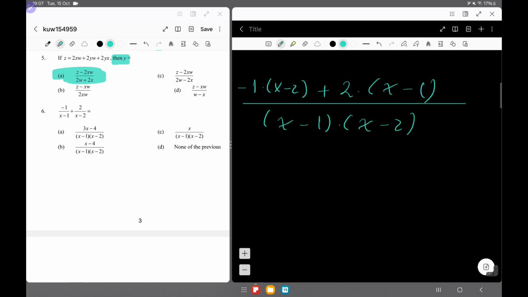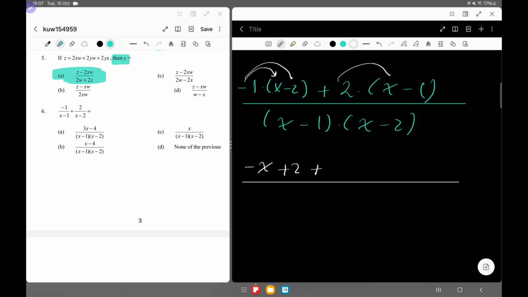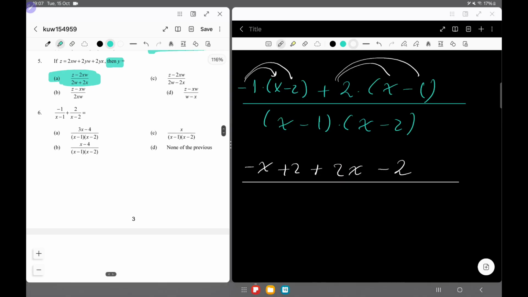So we will find negative 1 times x, negative x, negative 1 times negative 2, positive 2, plus 2 times x, 2x, 2 times negative 1, negative 2, and in the bottom, x minus 1, x minus 2.